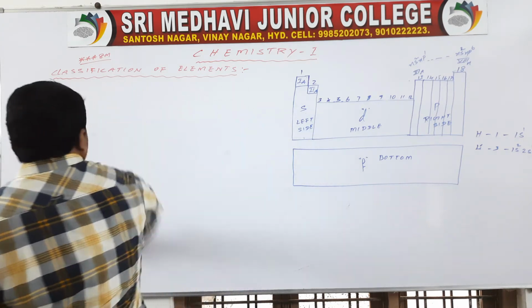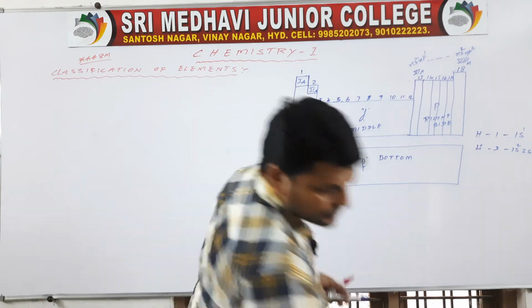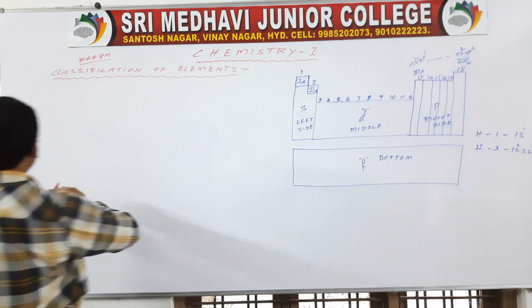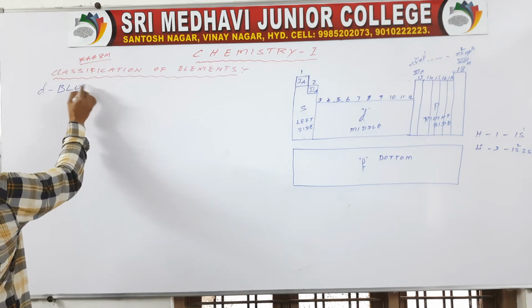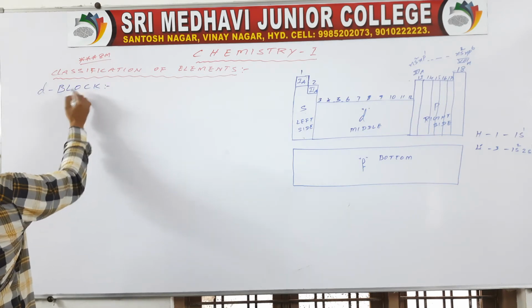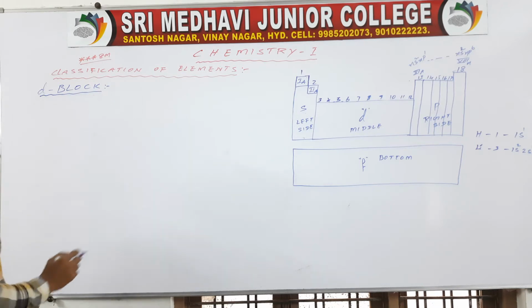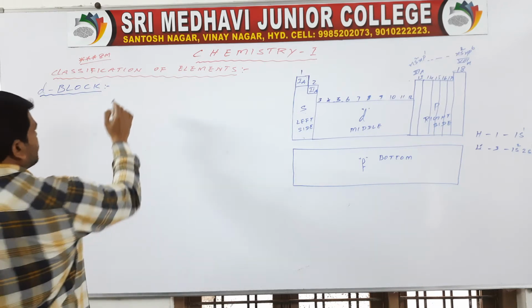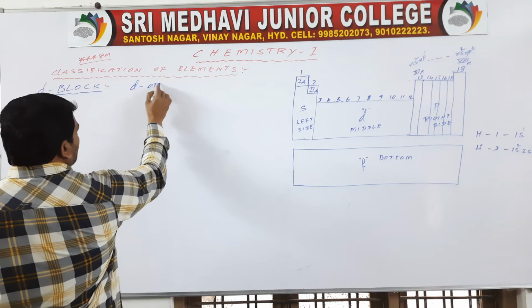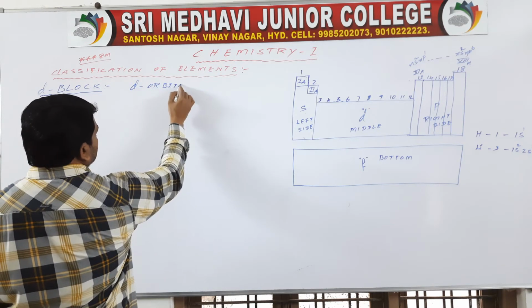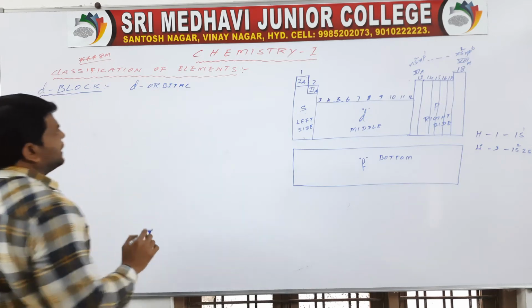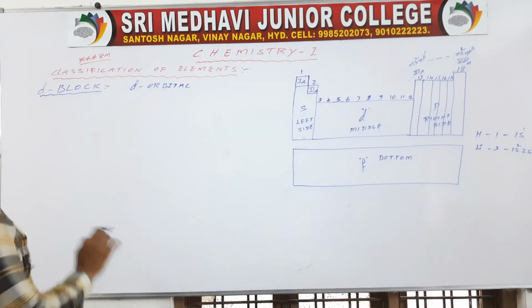Okay, it is a d block. D block elements: the elements in which the differentiating electron enters into d orbital are called d block elements.